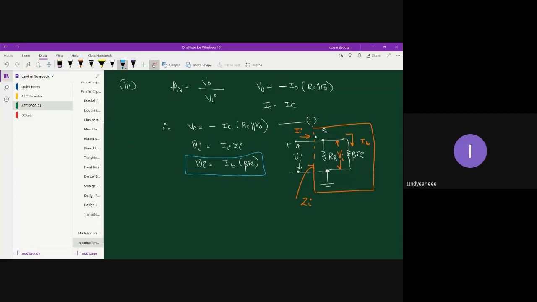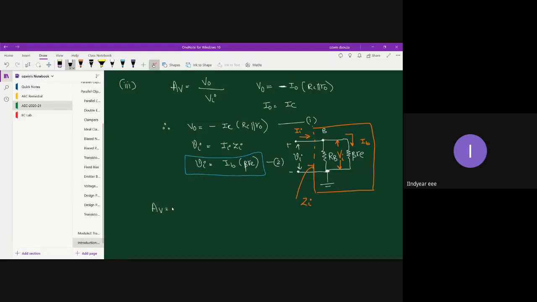II is different from IB; II is slightly greater than IB. So on the input side I will write my input voltage expression in terms of the base current IB. So VI is IB times beta into RA. Let me take this expression as 2.